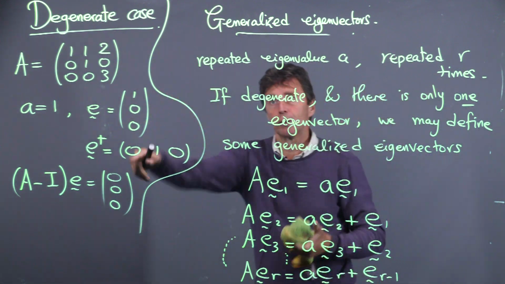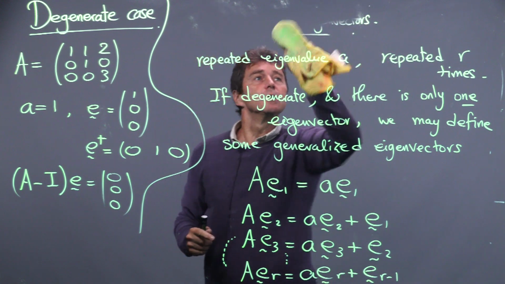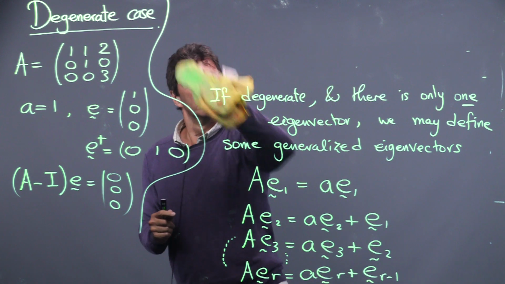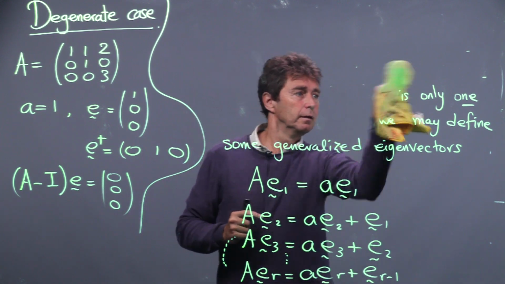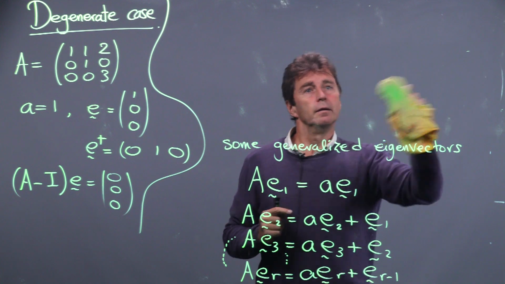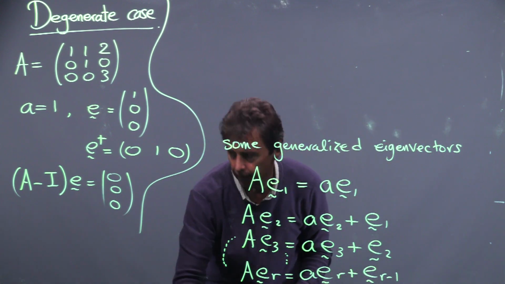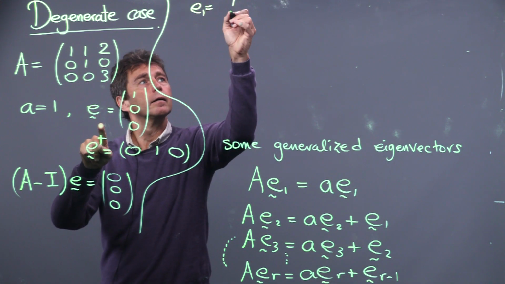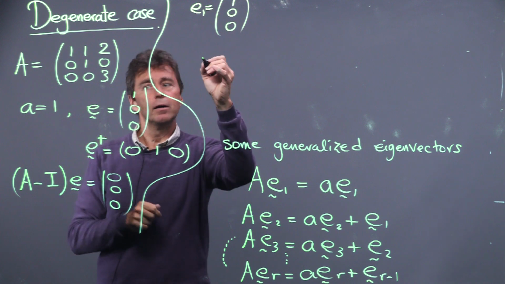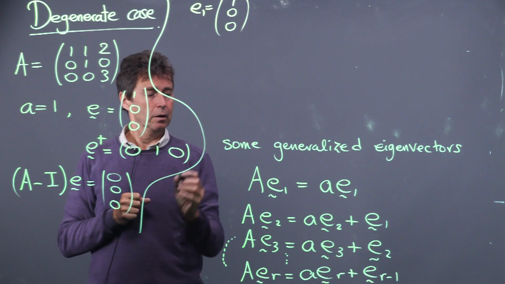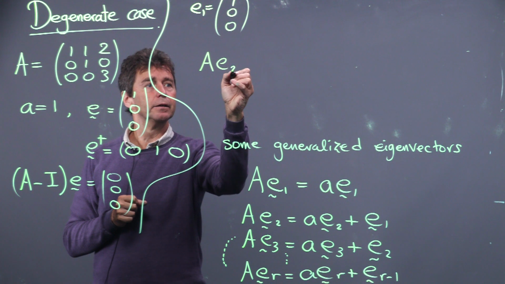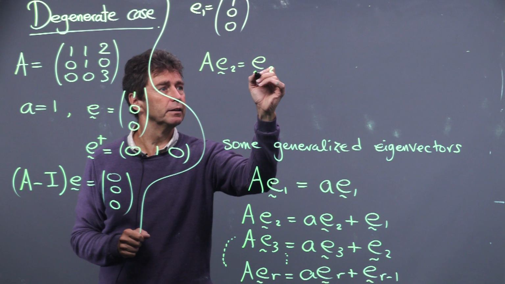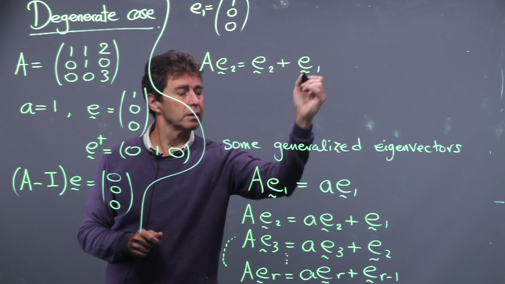All right, so let's have a quick look over here and see what these generalized eigenvectors are in this particular case. So that's E1. Now, I've got this matrix A, and E2, where little a is 1, satisfies A E2 equals E2 plus E1. So that's this equation now.